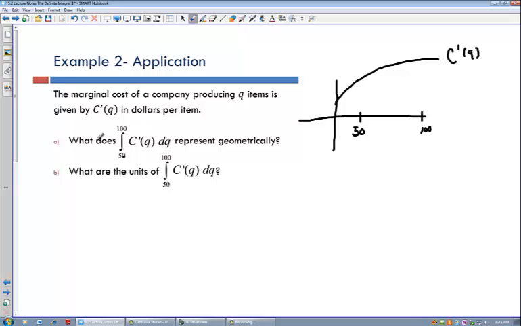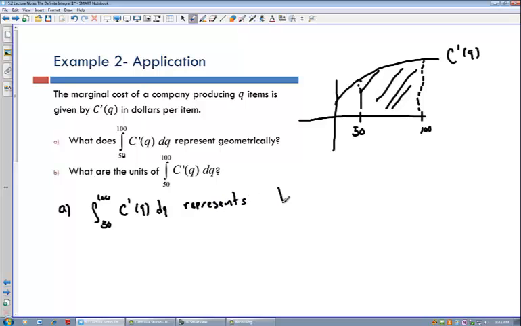And then, if I say integral, you say area, so those symbols there really just represent the area underneath this curve. So in part A, what I would write is the integral from 50 to 100 of C prime of Q dq simply represents the area under, and this is called the marginal cost function.